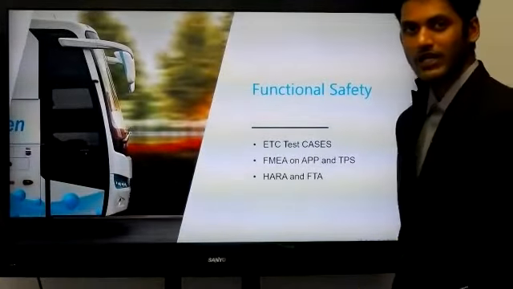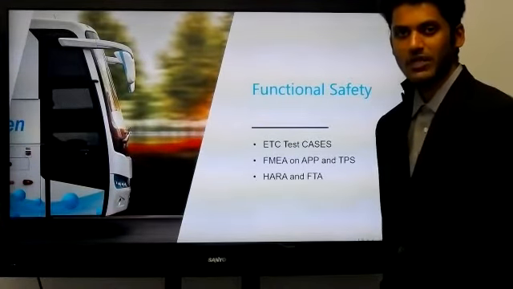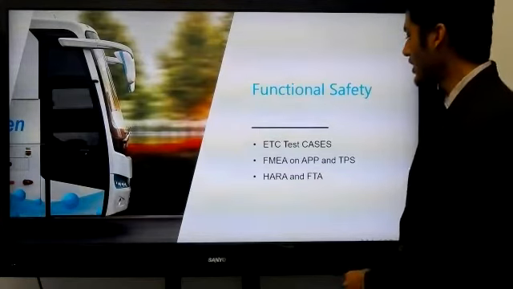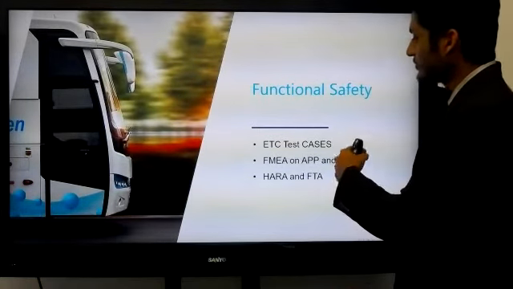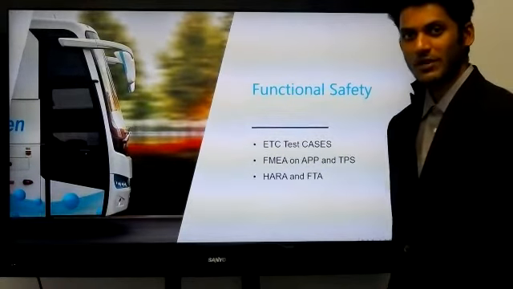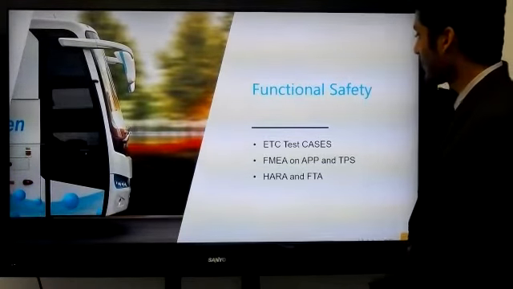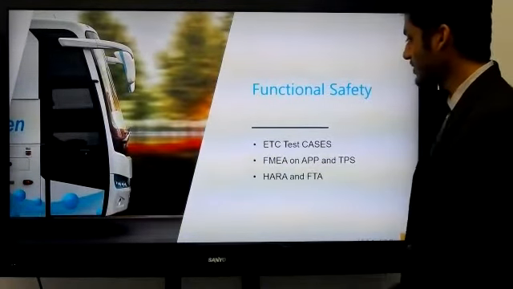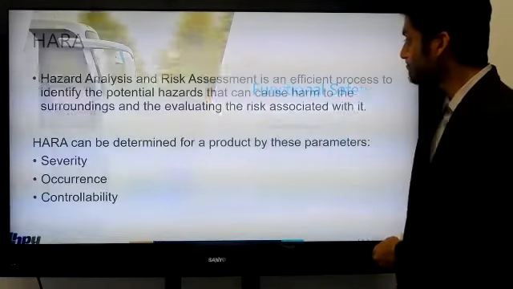So, I would just like to give a brief overview on the functional safety topics we covered during this course. I felt like these were the 4 important topics that would help me in my career: ETC test cases, FMEA cases on APP and TPS, HARA and FTA.